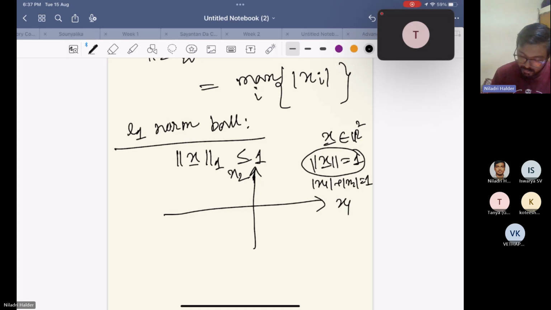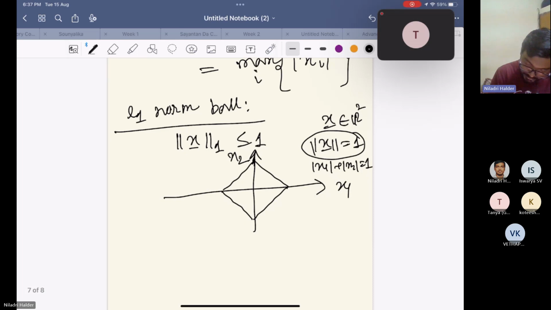If you plot this using this equation, you will get a tilted square. The points will be 1 comma 0, minus 1 comma 0, 0 comma 1, and 0 comma minus 1.